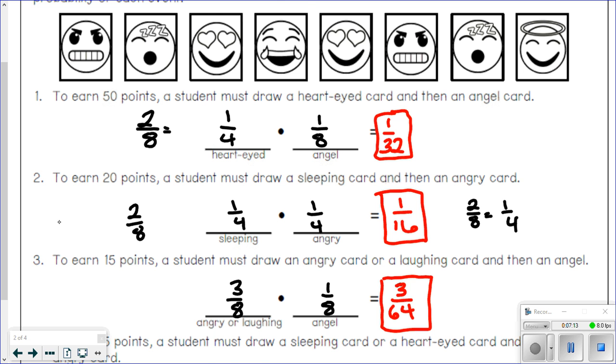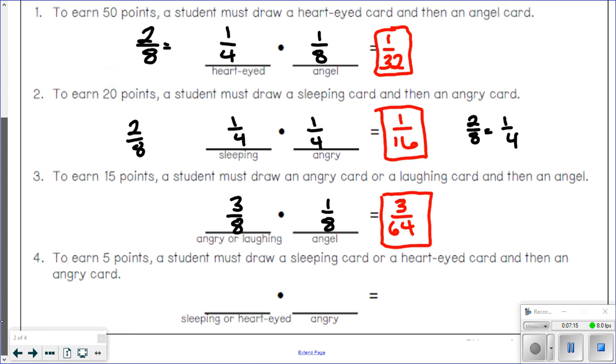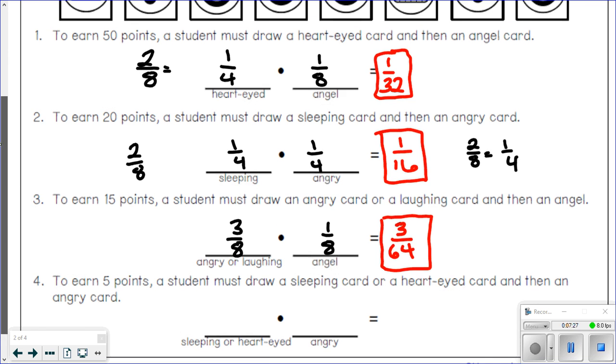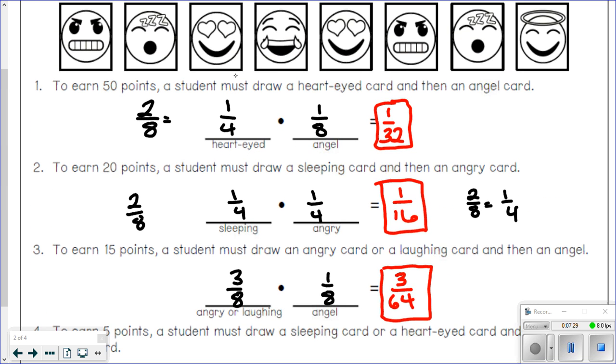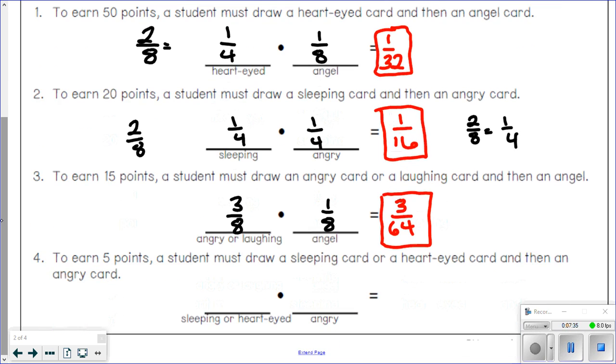All right, and let's look at number 4. To earn 5 points, a student must draw a sleeping card or a hard-eyed card, and then an angry card. Hard-eyed, let's see how many of those there are. So hard-eyed, there's 2. Sleeping, there's 2. So that's 4/8 for that, which simplifies to 1/2.